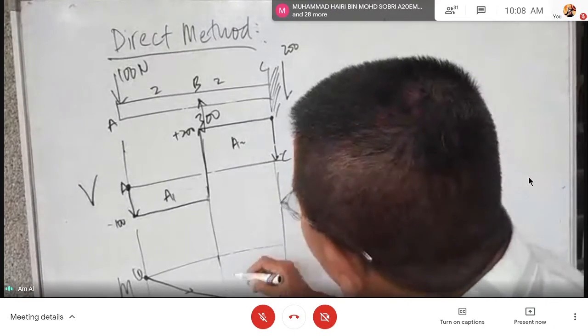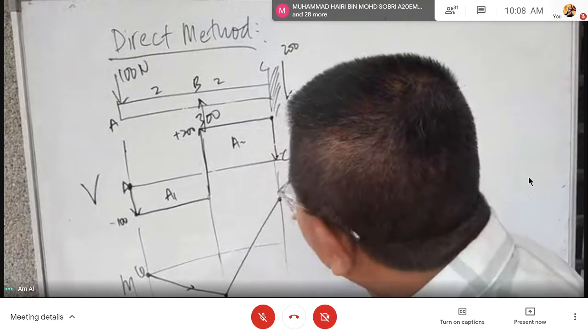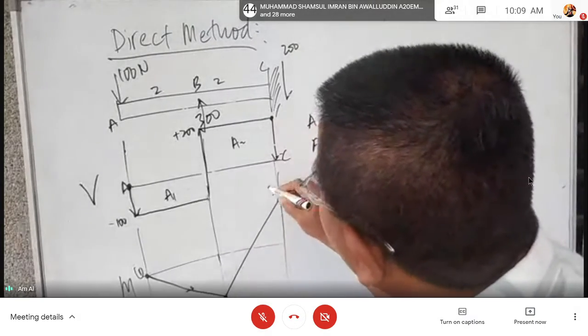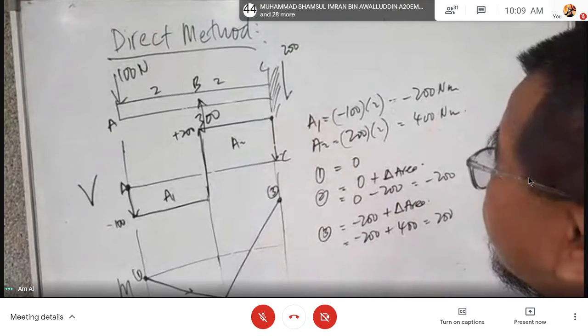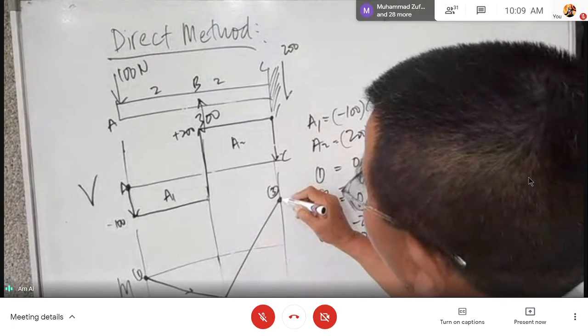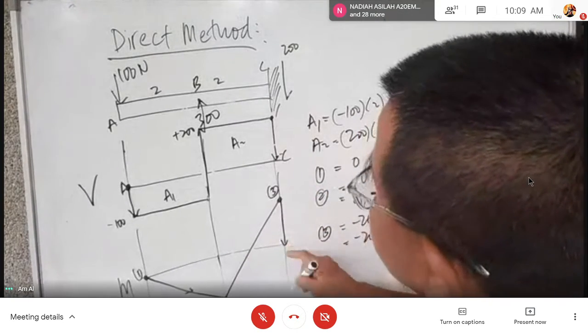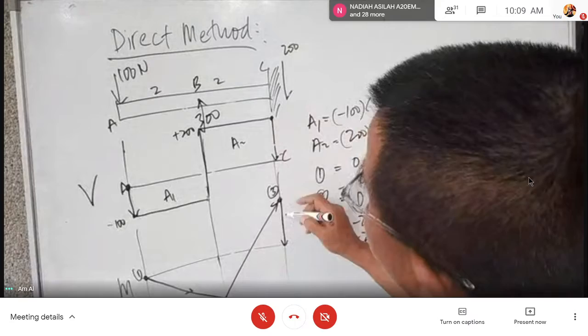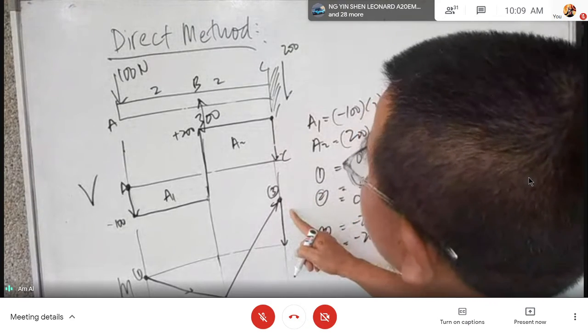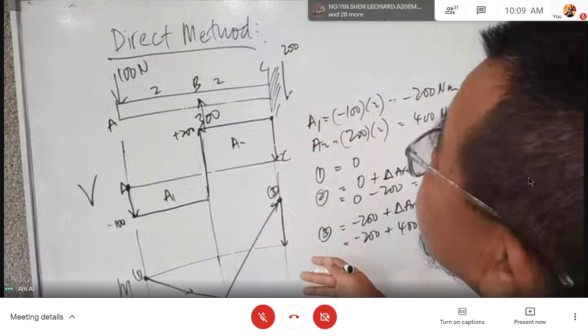So you must go to positive 200 there. This is point 3. So this is positive 200. It must go to 0, right? So there must be a reaction. The value is 200 positive. Positive means in what direction?